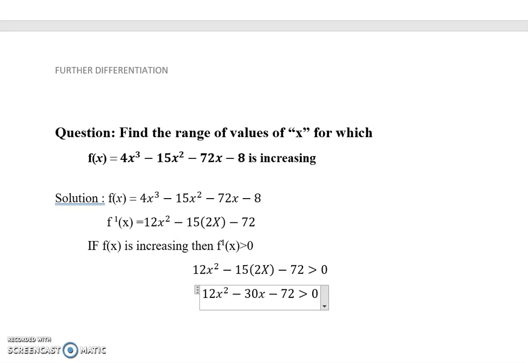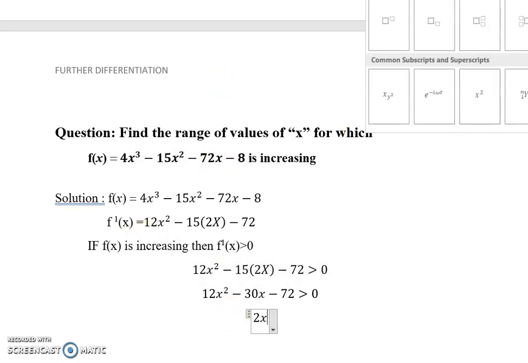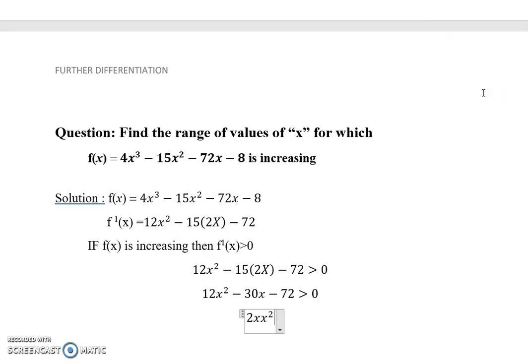I find that they have a common factor, so I divide everything by 6 and get the equation 2x squared minus 5x minus 12 greater than 0.